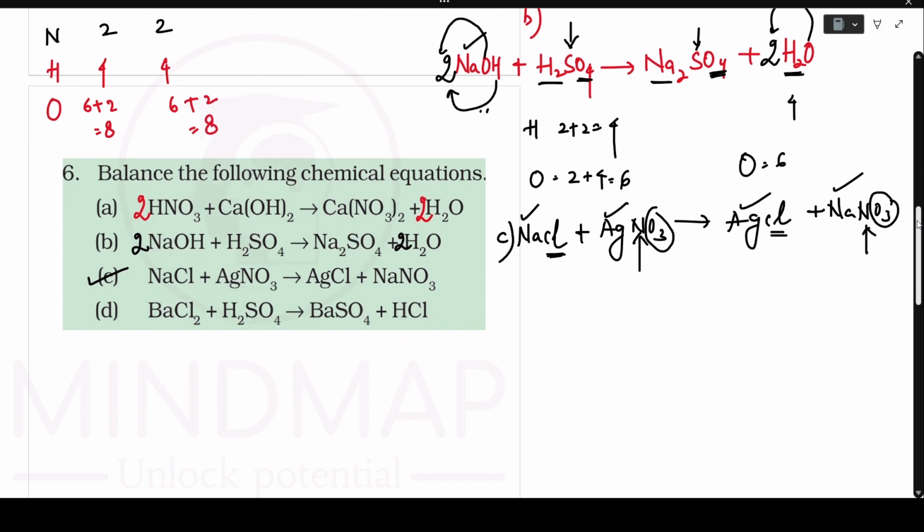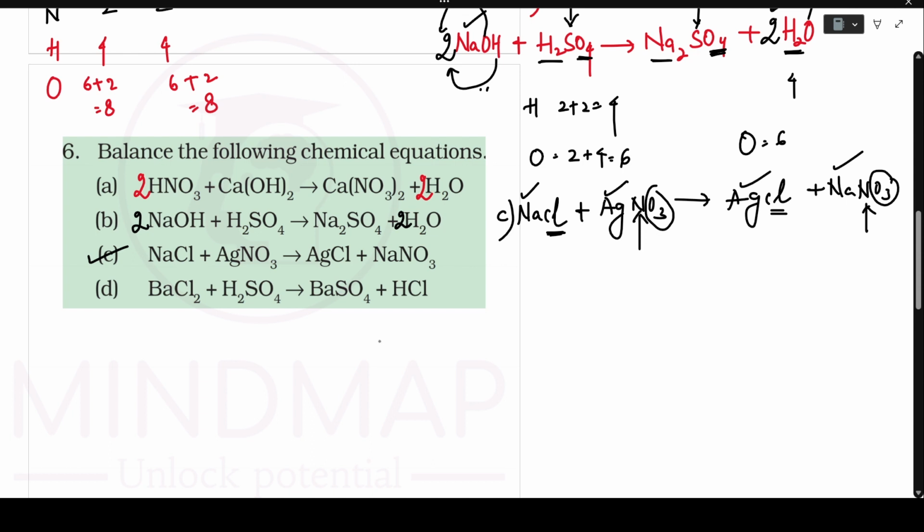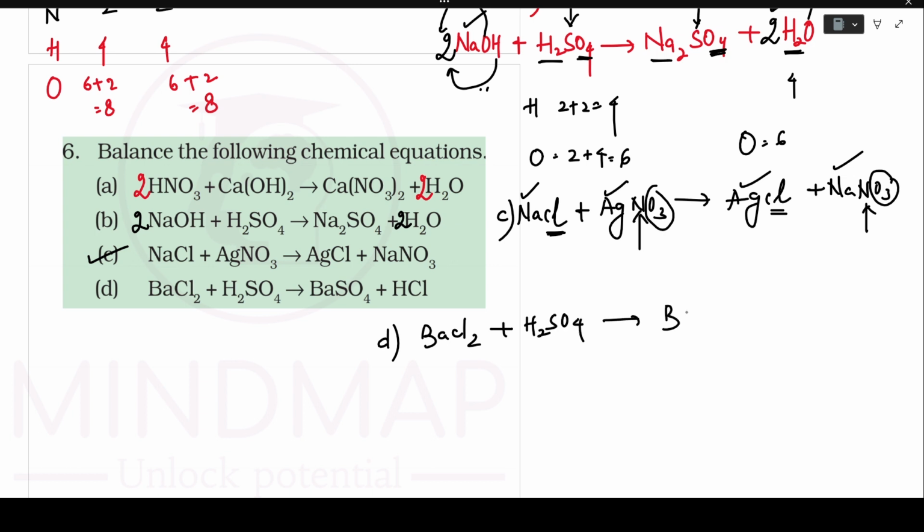Okay. Let's do the D. D is BaCl2 plus H2SO4 gives BaSO4 plus HCl. Okay. Barium 1, barium 1.